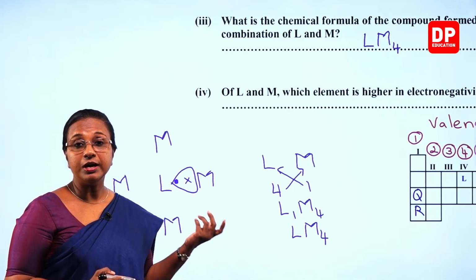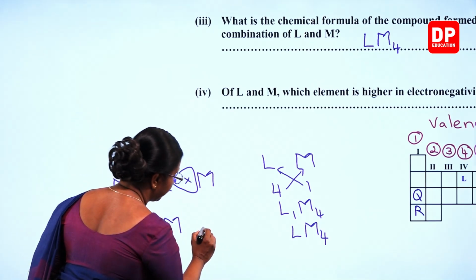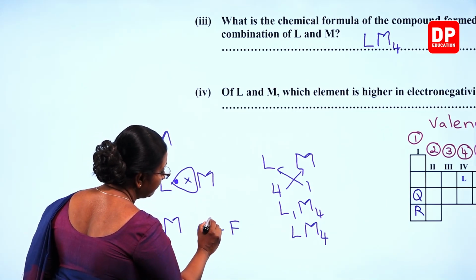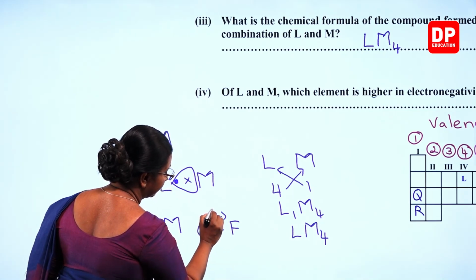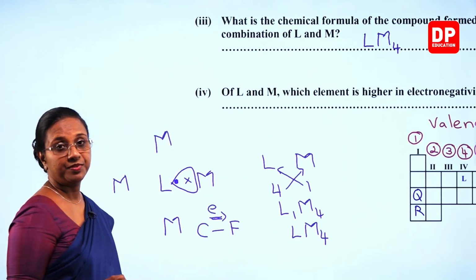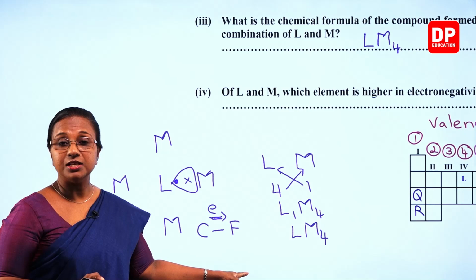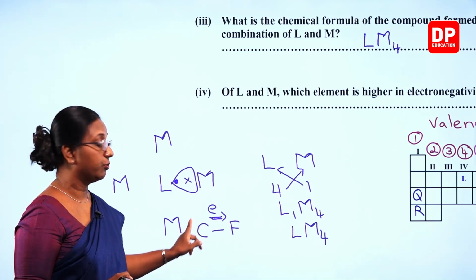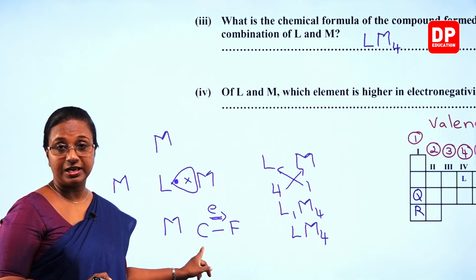If you have 2 elements, now here this is going to be carbon and fluorine. Out of that, fluorine will draw the electrons towards itself. That means fluorine is more electronegative, whereas carbon compared to fluorine is less electronegative.